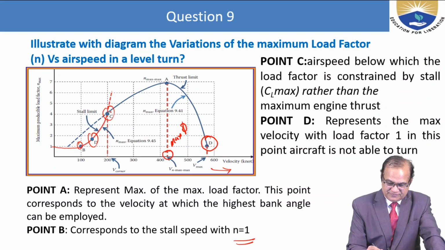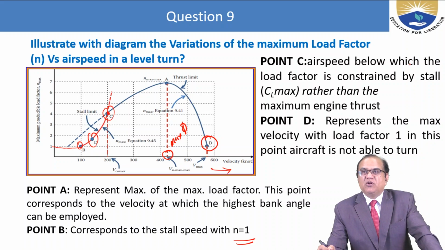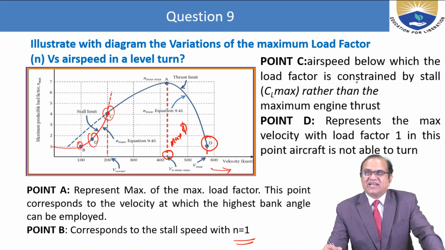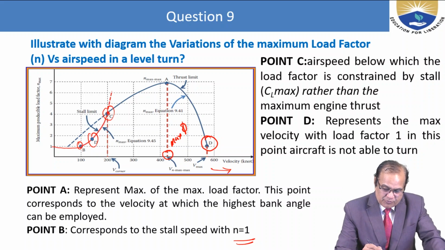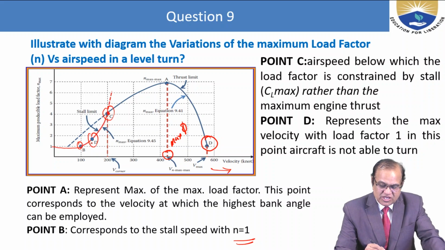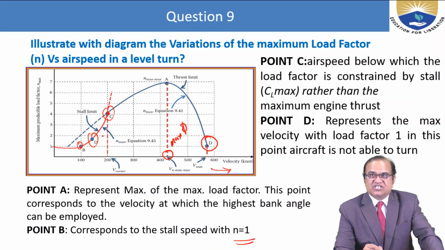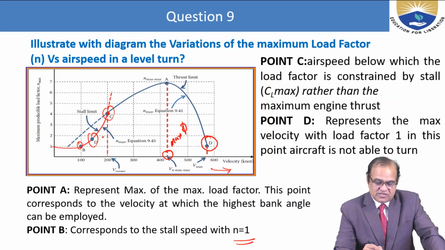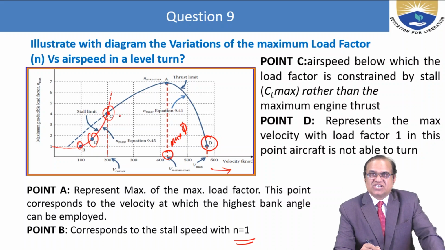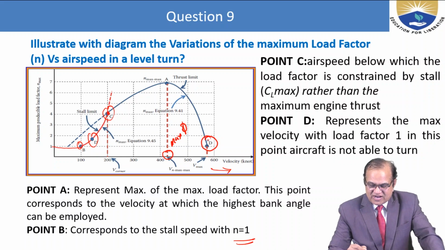Point C is the airspeed below which the load factor is constrained by the stall CL max rather than the maximum engine thrust. So if you are below this point, your aerodynamic characteristics will constrain, not the structural characteristics.